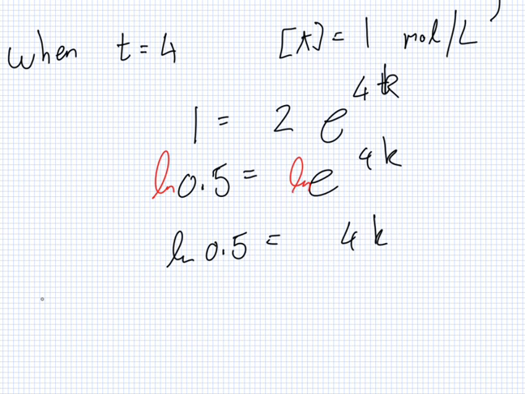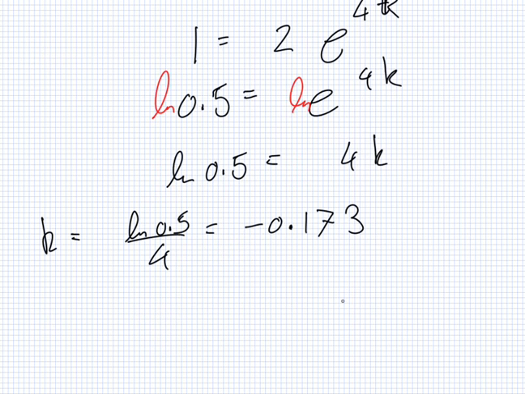So then k would equal log 0.5 over 4, which is minus 0.17, minus 0.173. Okay. So now you have your answer.